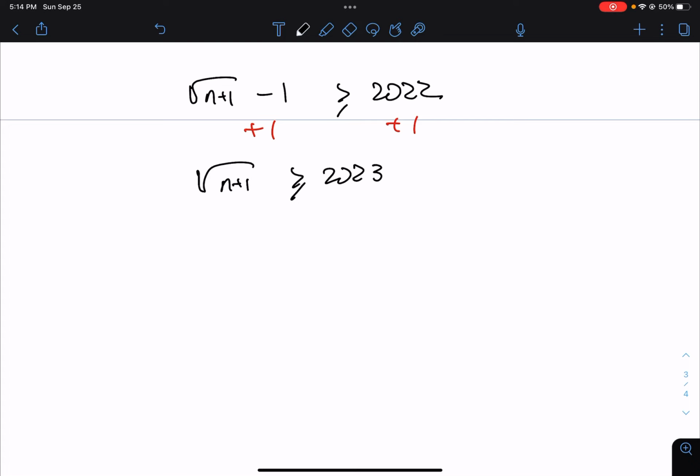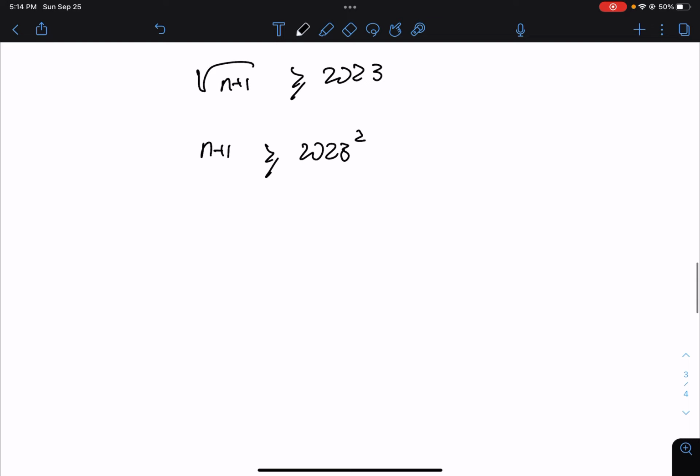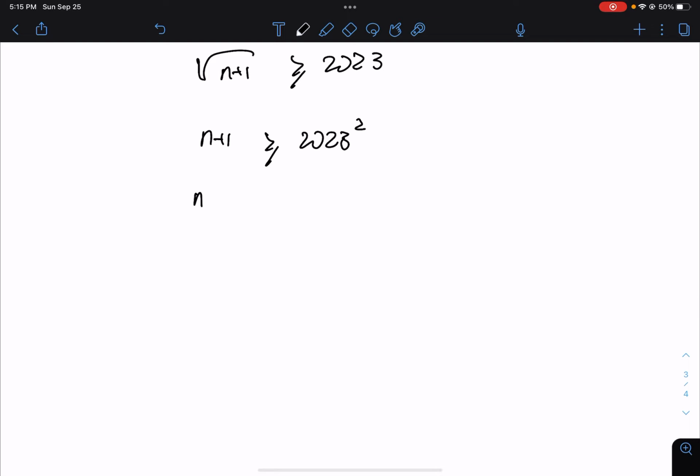We square both sides to get rid of the square root. So n plus 1 superior or equal to 2023 squared. And we remove 1 to get n is superior or equal to 2023 squared minus 1.